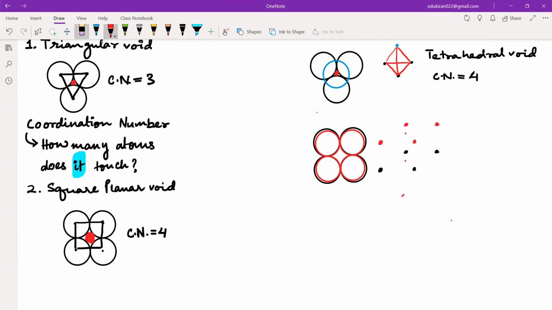And if I join the midpoints like this, what shape can you see? Cubical void, yes or no? Yes, sir.